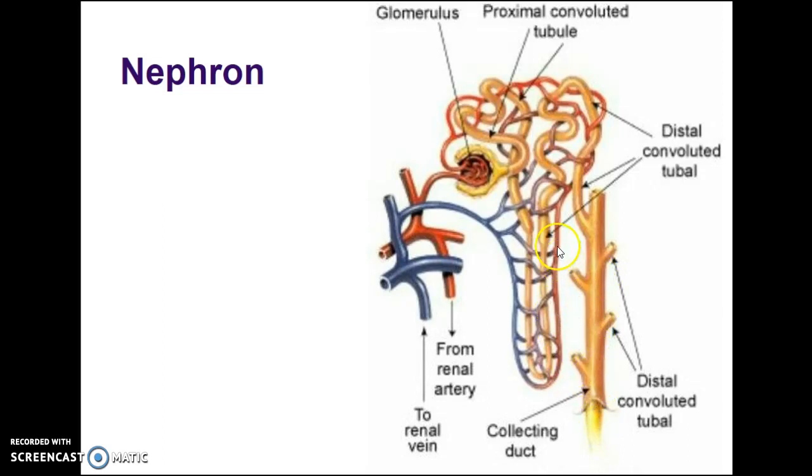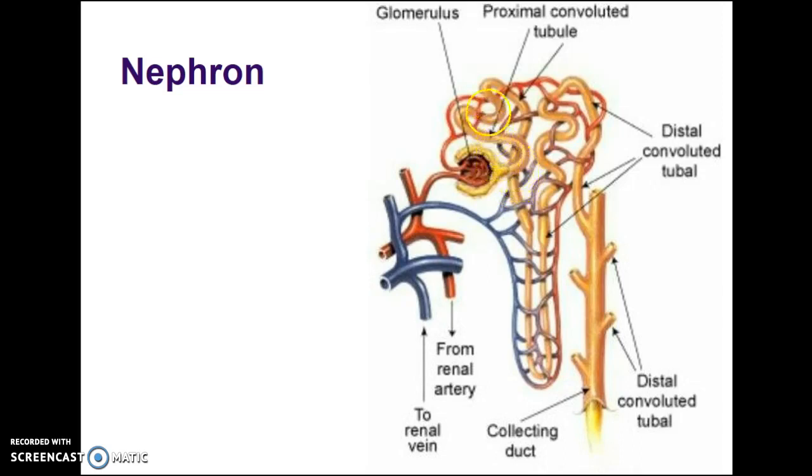You'll notice the tubules are surrounded by arterioles and venules, capillaries in between. So just know that things can move between the blood vessels and the renal tubule, and they will move in and out depending on some active transport mechanisms and diffusion in different areas.